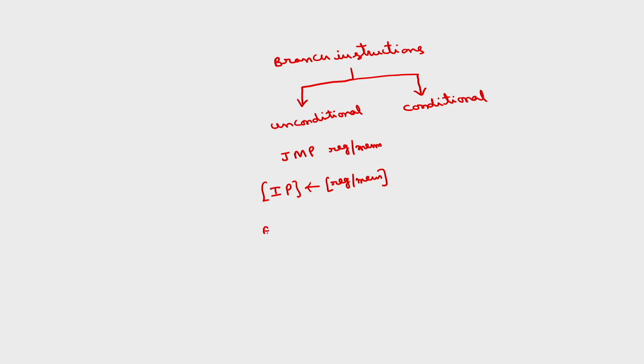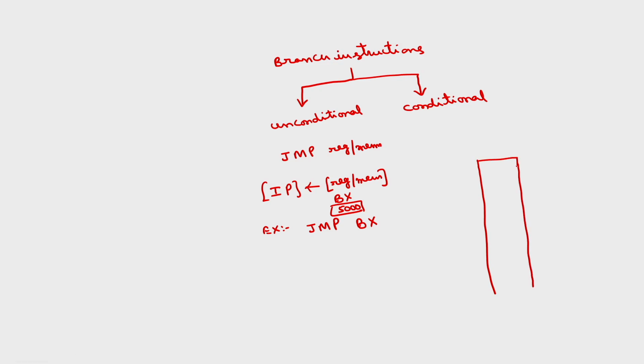If I take an example, JMP BX, and BX contains 5000. I will come to the conditional instructions later. So, this is the code segment, and the microprocessor is executing the instructions one by one.